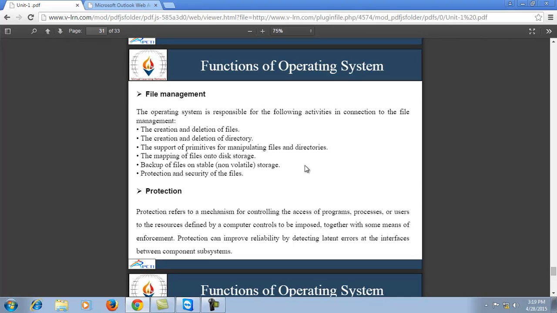Now, the next one is file management. The operating system is responsible for the following activities in connection to file management: the creation and deletion of files, the creation and deletion of directories, the support of primitives for manipulating files and directories, and the mapping of files onto disk storage, mapping with the offset, or you can say index, with the data stored in particular locations in memory.